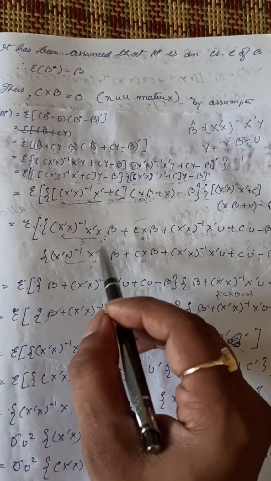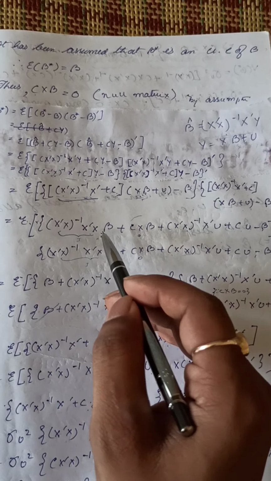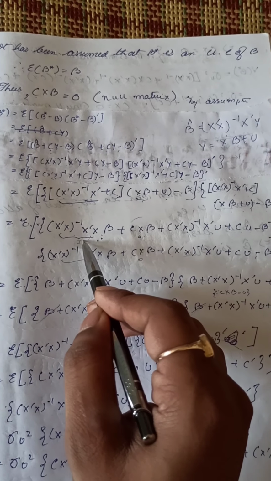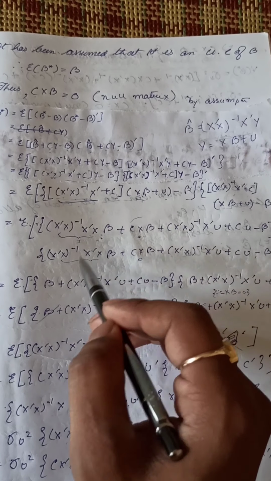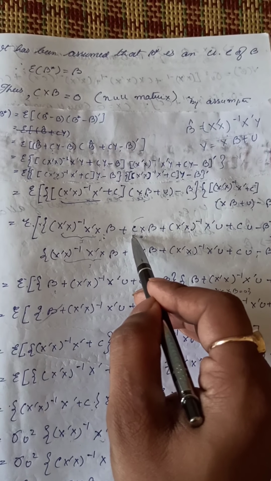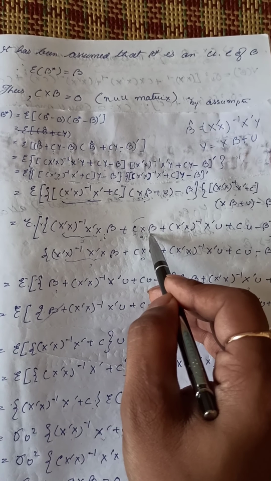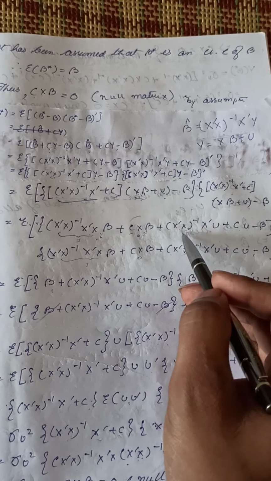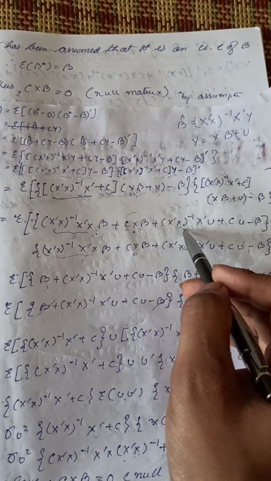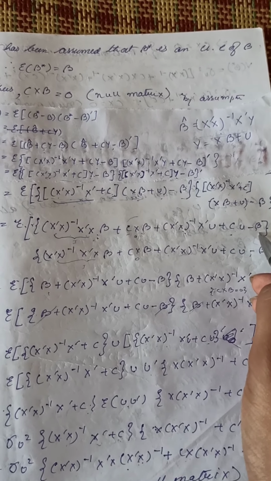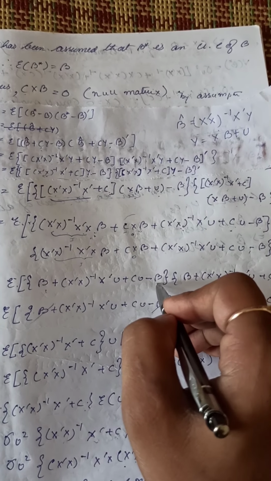Now let us see what the first term ends up with. Over here this term will become identity matrix or 1, so we will be left with only beta. Okay, and according to our assumption, this term is equal to 0, so this term has vanished. This term has remained as it is, this term also has remained as it is, and minus beta also has remained as it is.